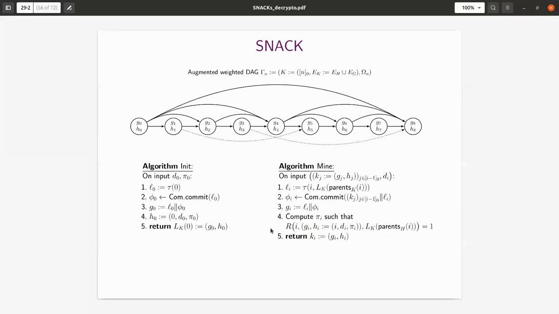The relation does what we said before. It verifies the validity of the proof of sequential work labels and the validity of the publicly verifiable proof of this newly added block, and it gives the next block here. So this is an augmented mining algorithm that also defines an augmented tau-based labeling of this graph.